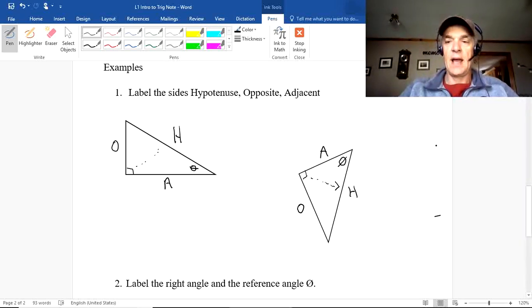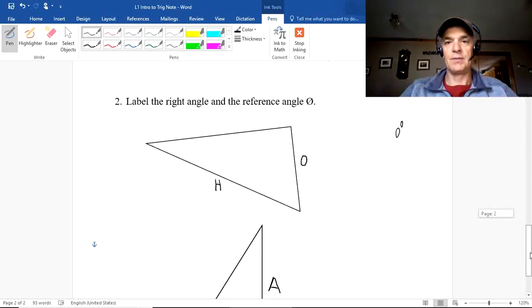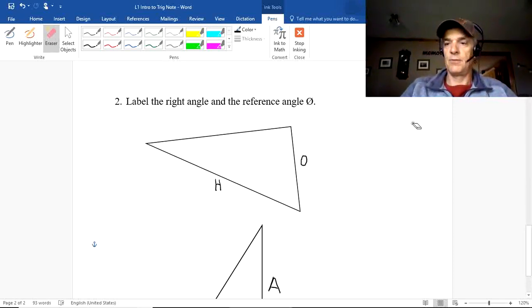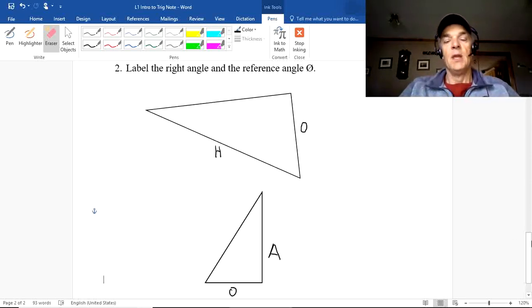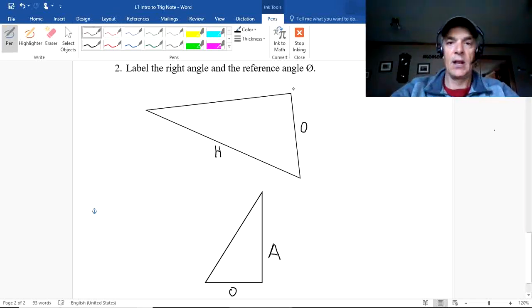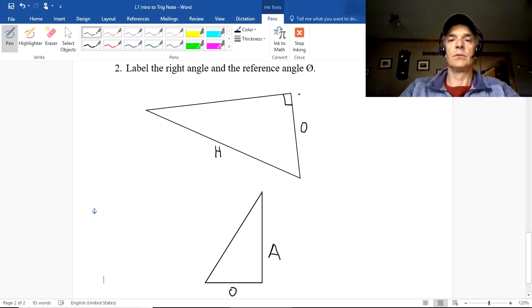If I want to go down, I can do another one where I tell you it's a right angle triangle and I give you a couple of sides, okay? I'm just going to erase this over here. It showed up from before. Now I want to label my theta and my right angle in this triangle. Opposite my hypotenuse is always going to be my right angle. So to label that, I simply put a square box in the corner, okay?